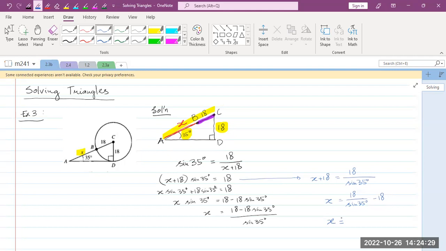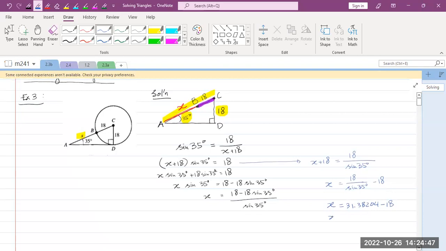Make sure it is in degree. 18 divided by sine 35 degrees is 31.38204. Always five decimal places. And then subtract 18. That will be 13.38204, if you use the blue one.